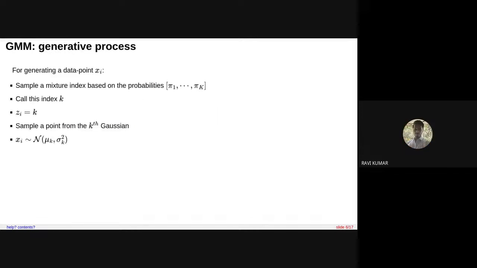Sir, I have one. Yeah. Sir, all the mixtures must have the same distribution? Like in this case, all are having a Gaussian distribution. So it must be true for all the cases? They won't all be having the same distribution, right?